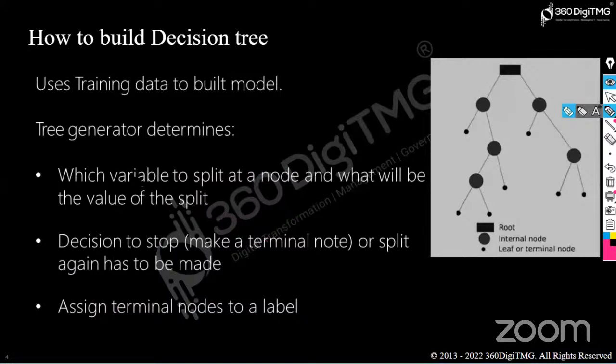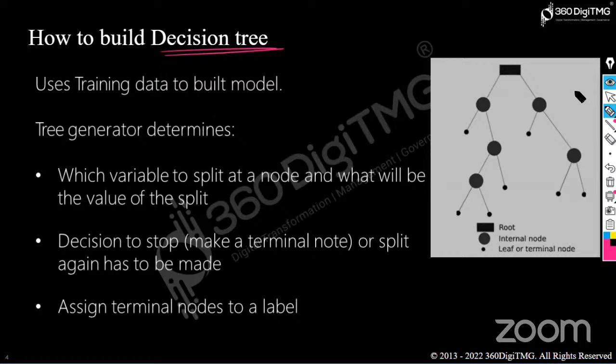Now, coming to build the decision tree is the main important factor. How do you build the decision tree? So we have a procedure or notation, or we call it a decision making parameter based on the gain value. Okay. So first we'll try to split the data into train and test model.